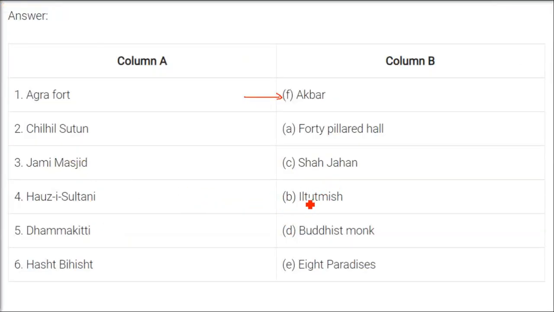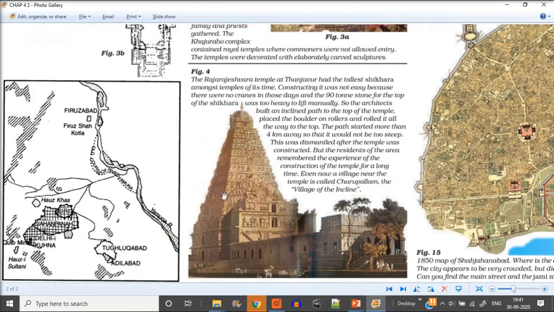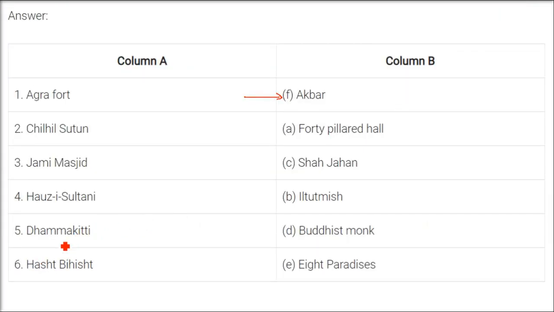So we'll relate Jama Masjid with Shah Jahan. Hawz-e-Sultani, as I said, is related to Iltutmish. On the map, the Delhi Sultans made Siri, Jahanpanah and Delhi Kohna. But there is Hawz-e-Sultani, and one more, Hawz-e-Shamsi, made by Iltutmish. Dhammakirti, as I said, was a Buddhist monk.